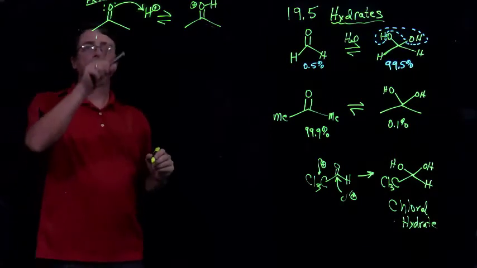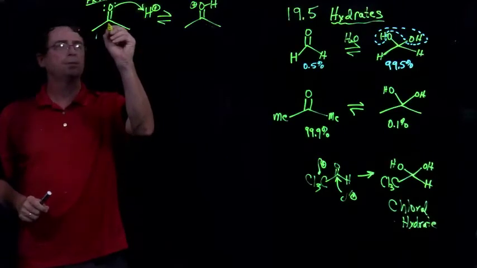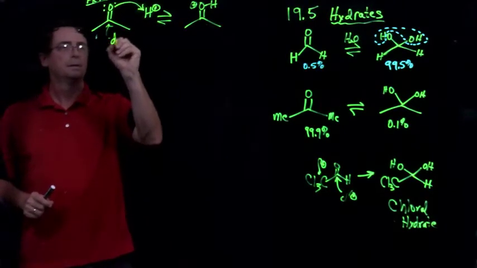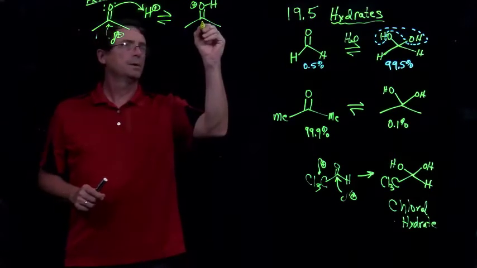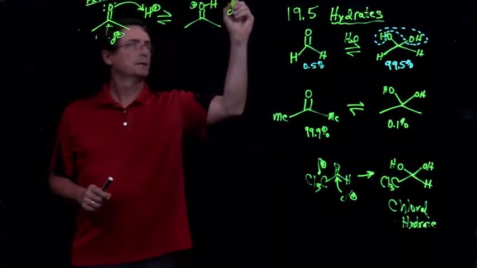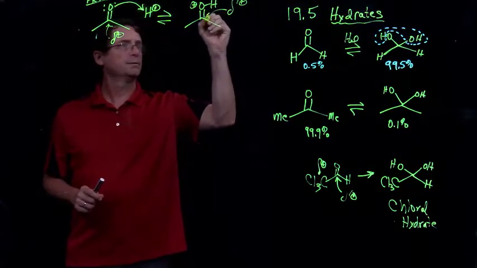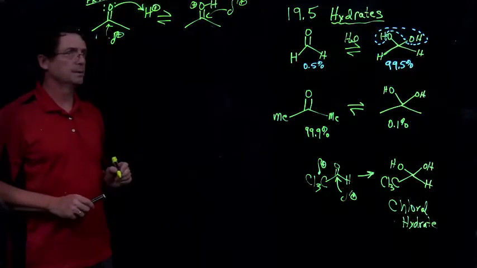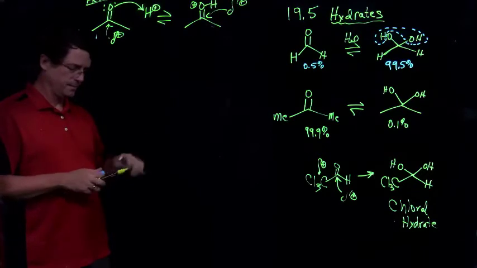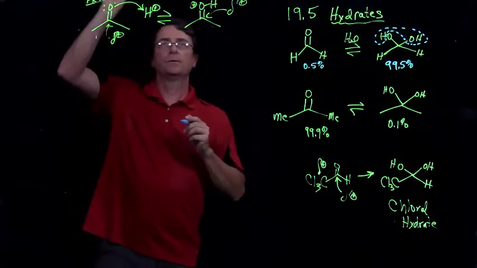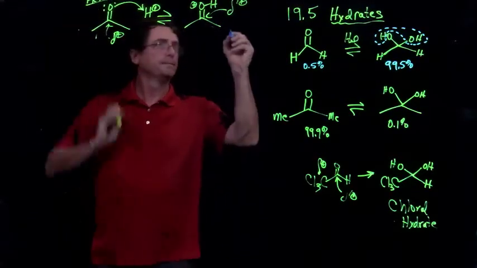Now, if the carbonyl here is partially positive, then this carbonyl has an even greater partial positive charge because it's now been protonated. And we can see this in the resonance form that's accessible for this compound.